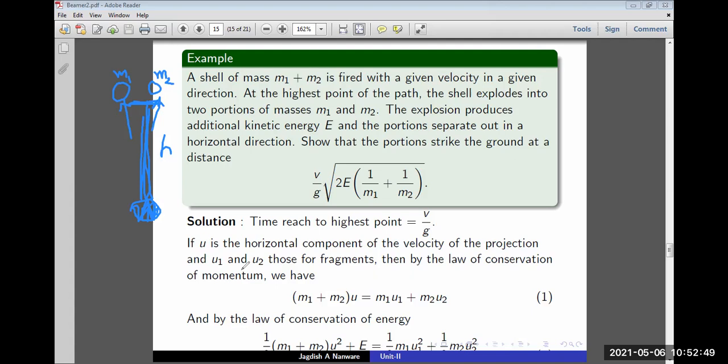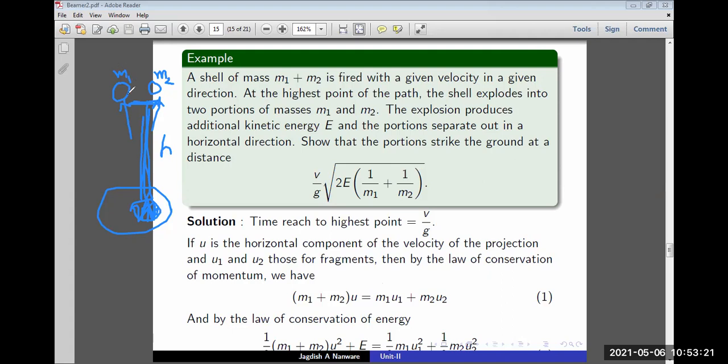Then by principle of conservation of momentum, here the momentum for this particle is m1 plus m2 into the velocity component, and this is m1 u1 plus m2 u2, the momentum after explosion.